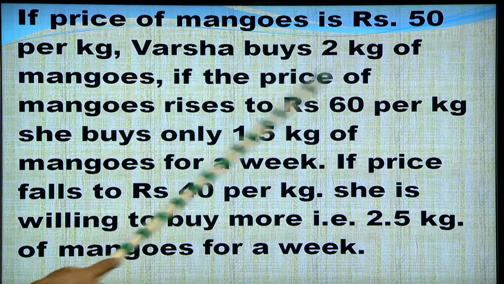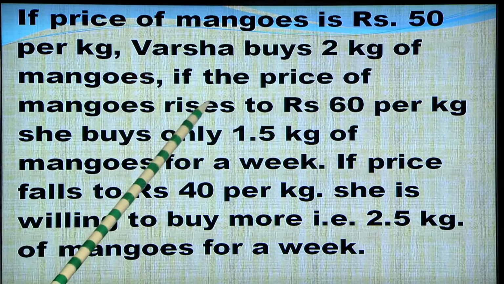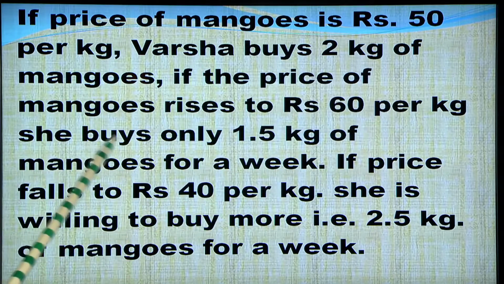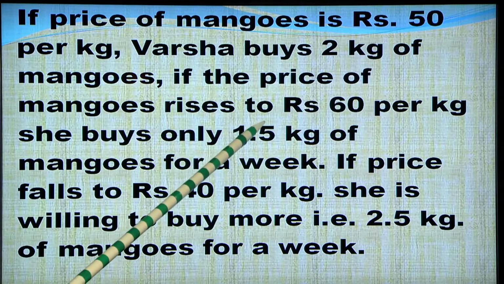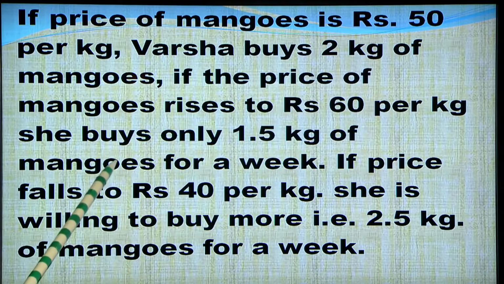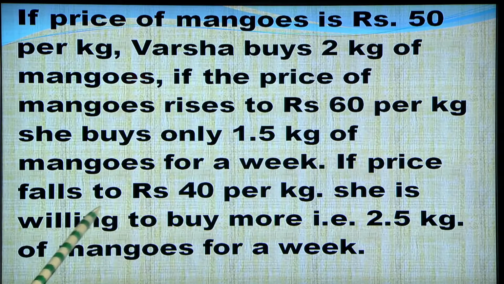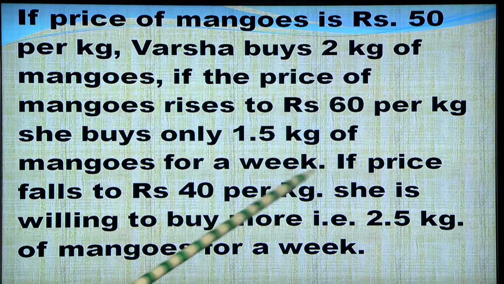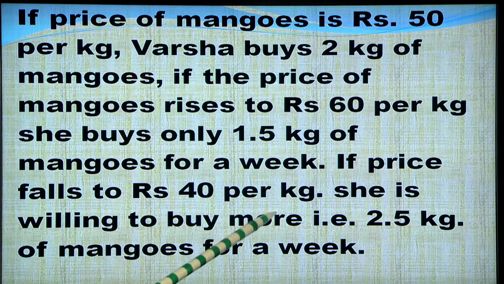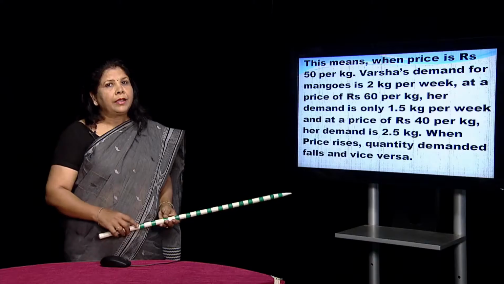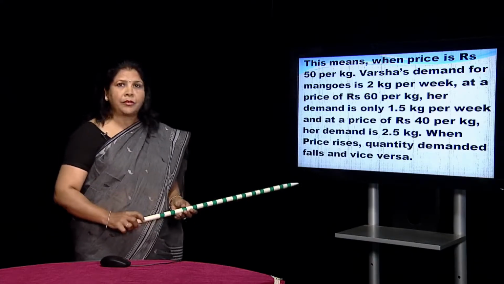If the price of mangoes is rupees 50 per kg, Varsha buys 2 kg of mangoes. If the price of mangoes rises to rupees 60 per kg, Varsha buys only 1.5 kg of mangoes for a week. If the price falls to rupees 40 per kg, she is willing to buy more, that is 2.5 kg of mangoes for a week. Can we interpret this in terms of demand?